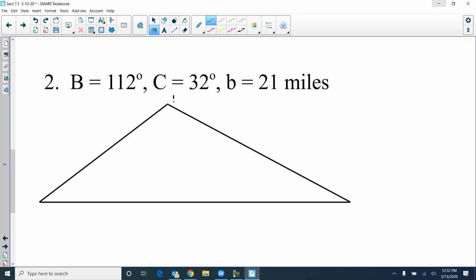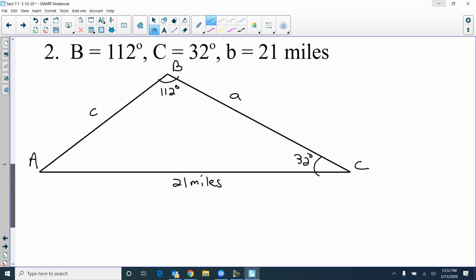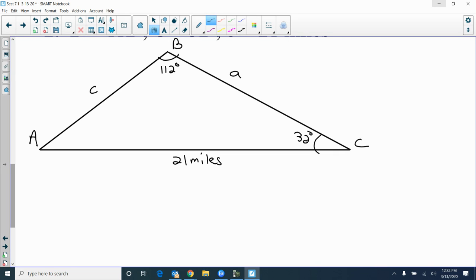I'll label B this angle here. C, A. B is 112 degrees. C is 32 degrees, and side B is 21 miles. And side A and side C is what we're looking for, along with angle A. All right, this is angle, side.